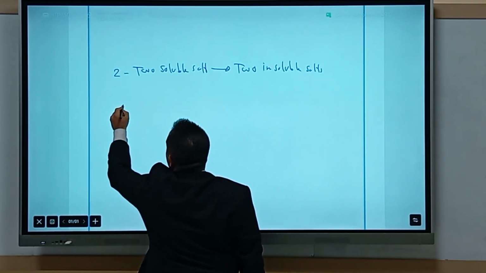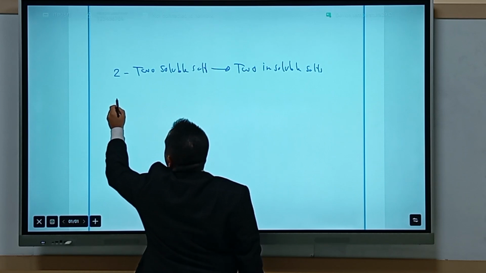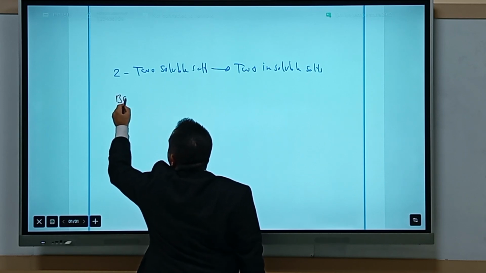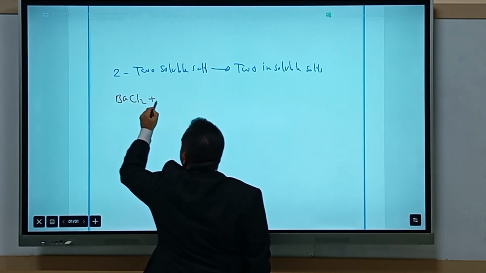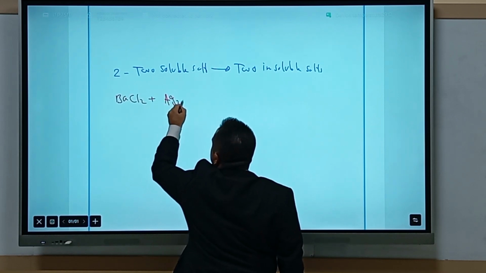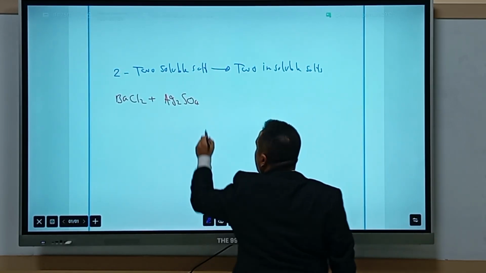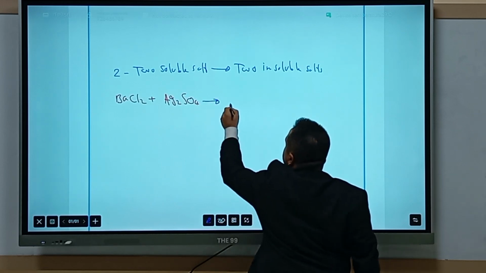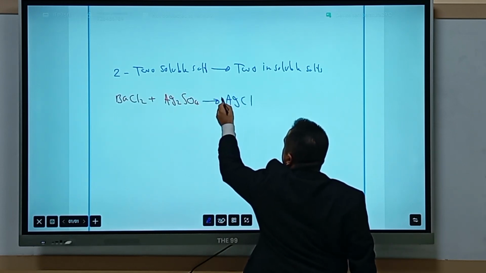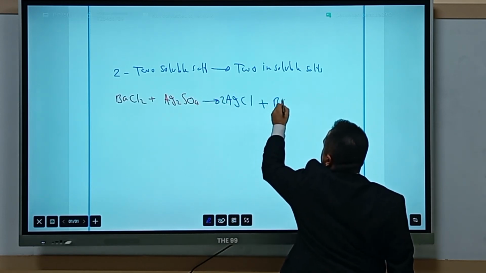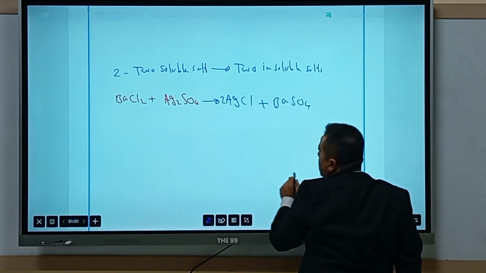In this case, for example, BaCl2 plus Ag2SO4. Result is AgCl plus BaSO4.